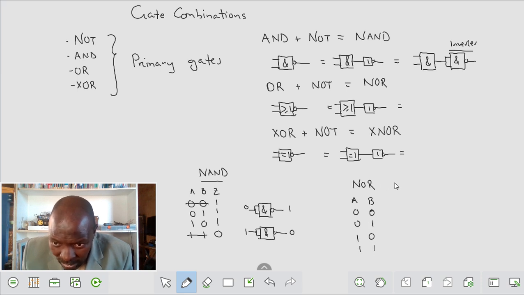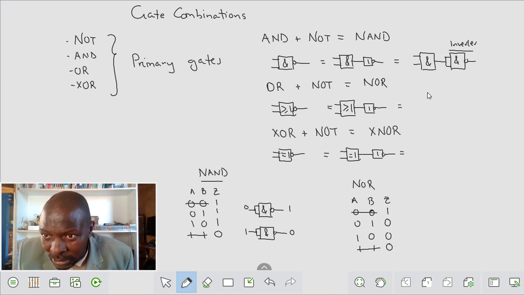Now, with the NOR gate, we are looking out for 1s. OR and NOR look out for 1s, and if we have a 1, the output should be 1 for OR, and 0 for NOR. There's no 1 here, so for OR it would have been 0, but for NOR it's a 1. What do you see? Same story. 0, 0 is changed to a 1, and 1, 1 is changed to a 0.